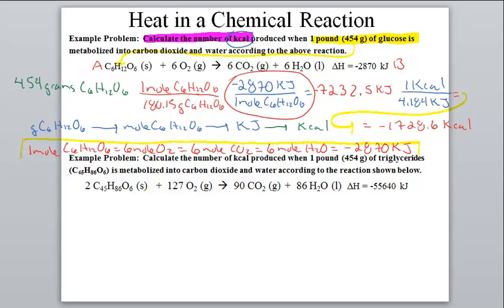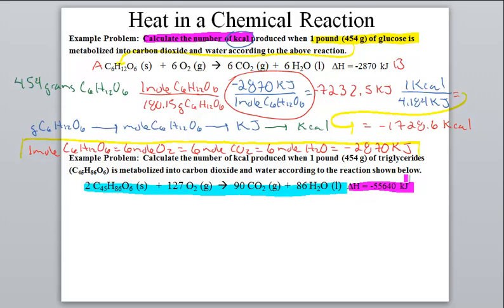So let's look at a similar reaction for a triglyceride, which are fat and oil molecules. And shown below is the net reaction of a type of triglyceride that could be metabolized in your body. And this is for every 2 moles of that triglyceride, this is how much energy would be released. It's an exothermic process.